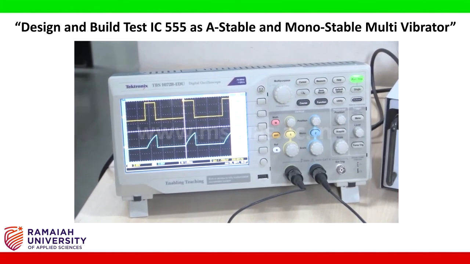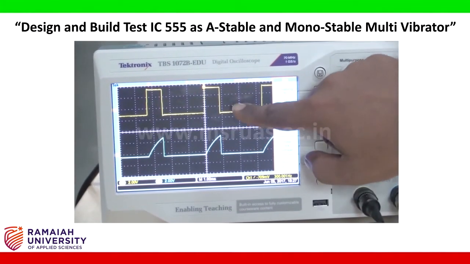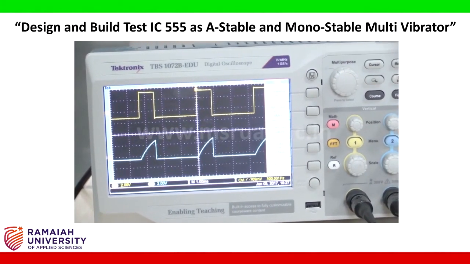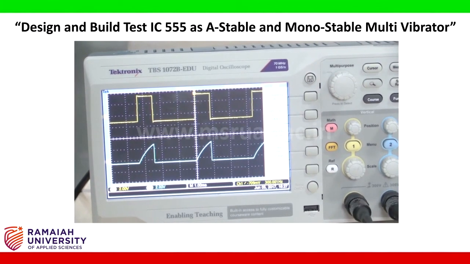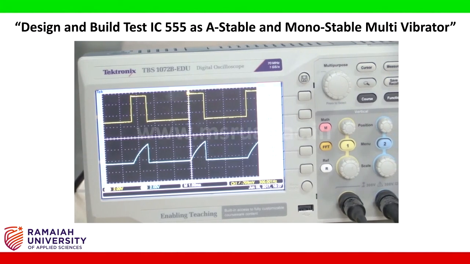So when it comes under the positive side, the capacitor will be charged, and gradually it will decrease with respect to the input signal. This completes the monostable multivibrator experiment using the IC 555 timer.